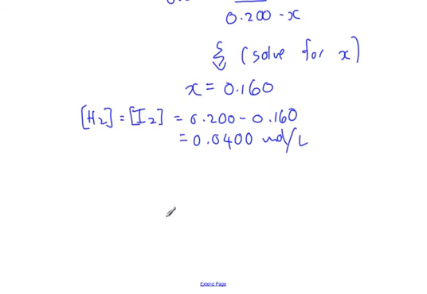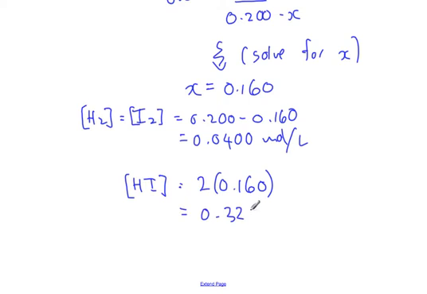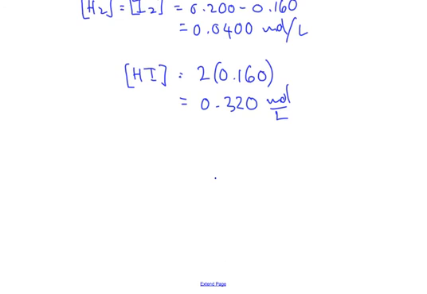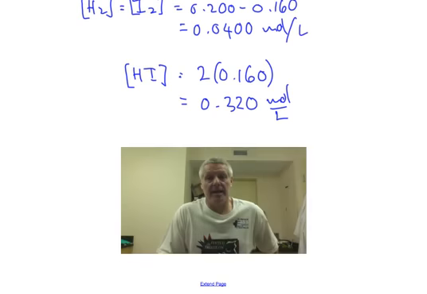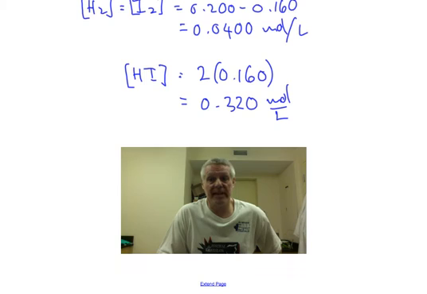And finally, the concentration of hydrogen iodide is equal to 2x, and so that equals 0.320 moles per liter. And so there is how you find equilibrium concentrations given K and given initial concentrations, and solving for those variables that now appear in the change line of your ice table.